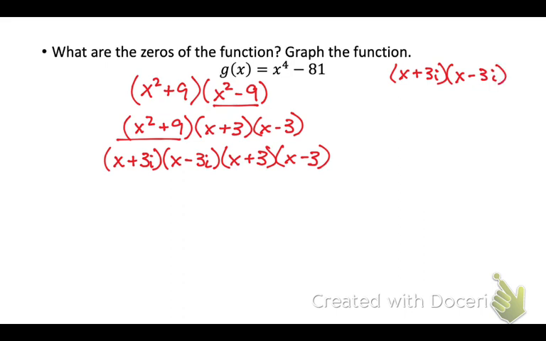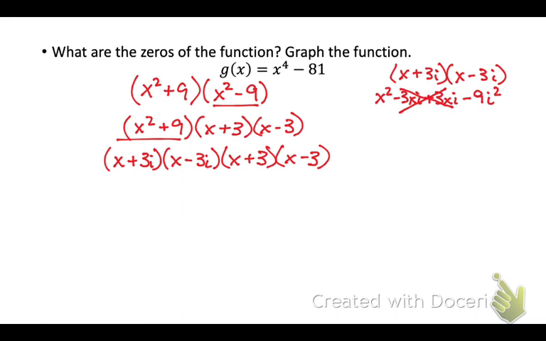When I FOIL this, I get x squared minus 3xi plus 3xi minus 9i squared. Well, the plus and the minus 3i go where? There's 0.